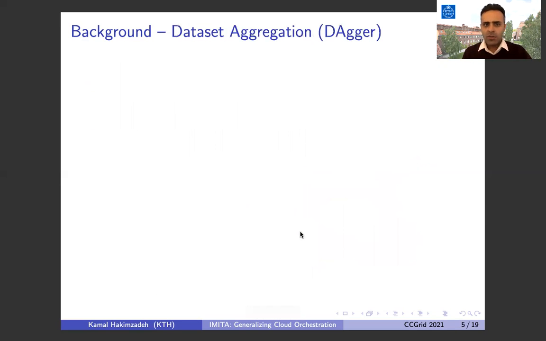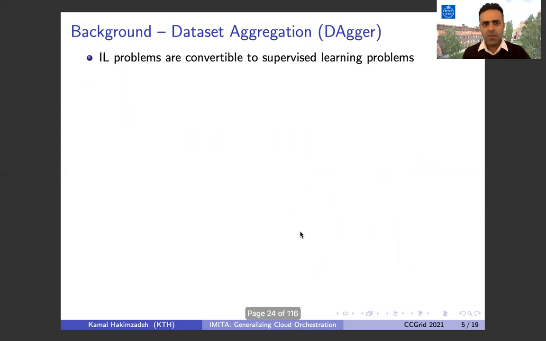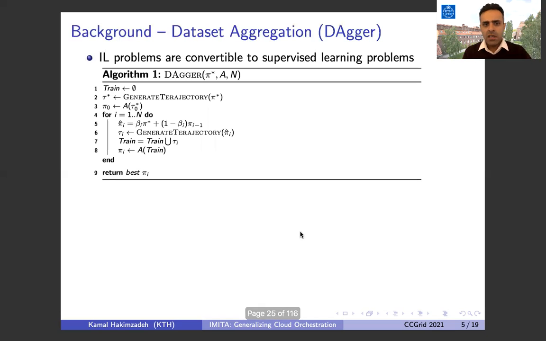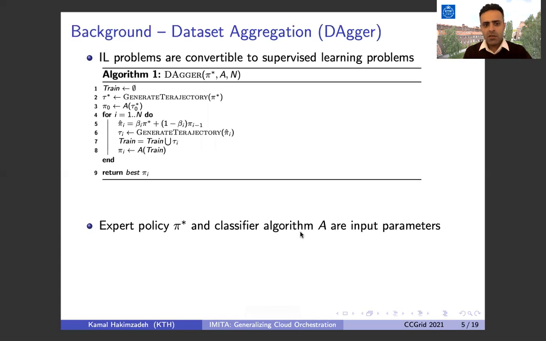One implementation of imitation learning is the algorithm called dataset aggregation, or Dagger. It works based on the fact that all imitation learning problems are convertible to supervised learning problems. Dagger takes as input the expert policy and a classifier, which is portable; any classifier algorithm can be used.